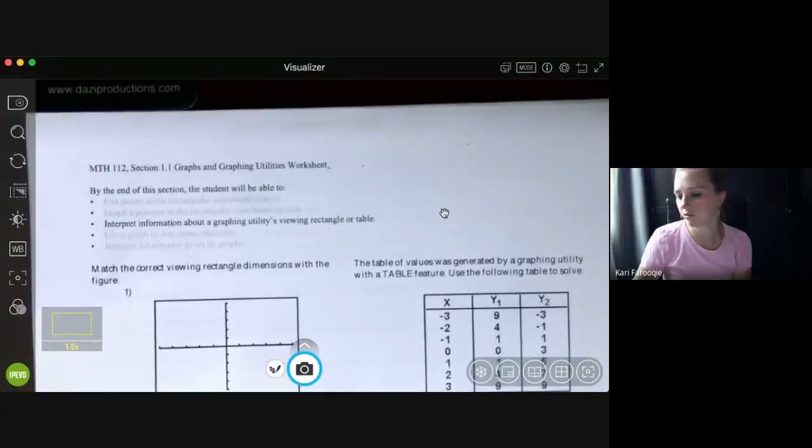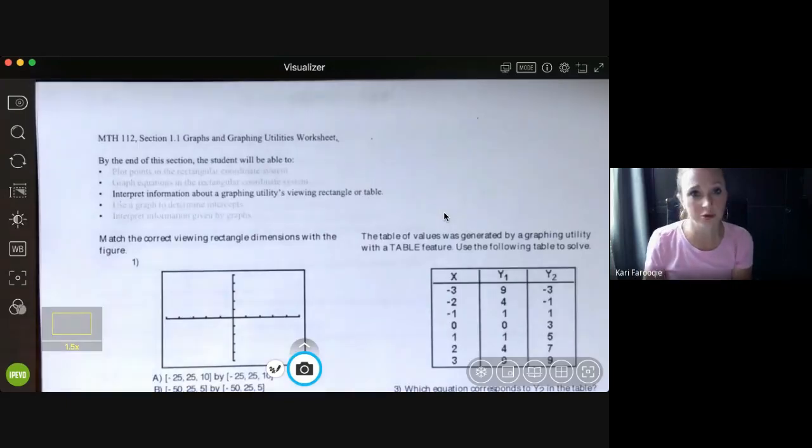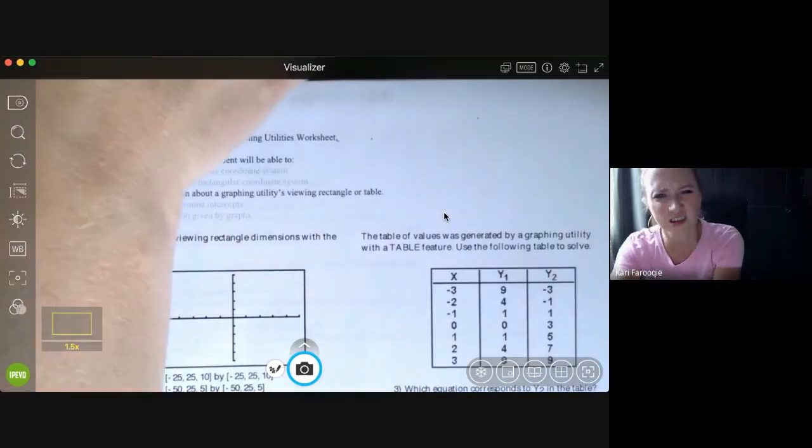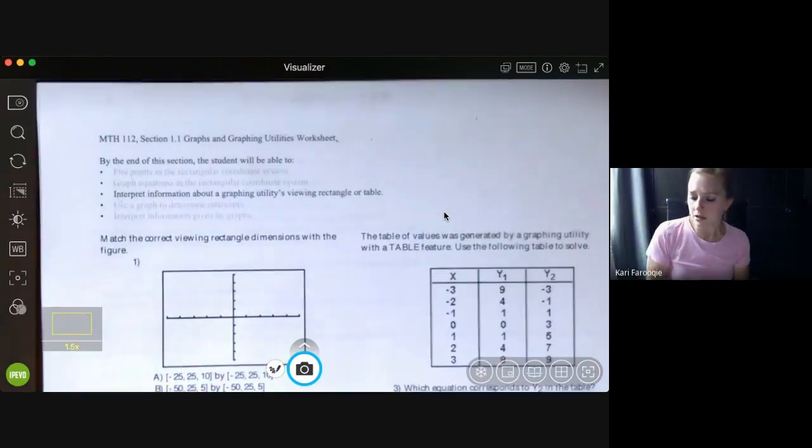Let me actually share my window with you because I'm going to be putting my notes up here. I'm trying to keep this class as similar to an in-person class as possible. What I would normally be doing in class is standing up at the Elmo going through these notes with you. So I'm just doing the same thing except on the computer. All right, let's see.